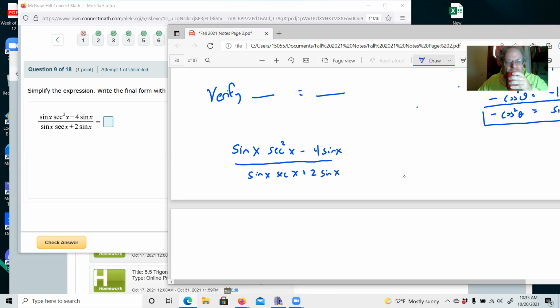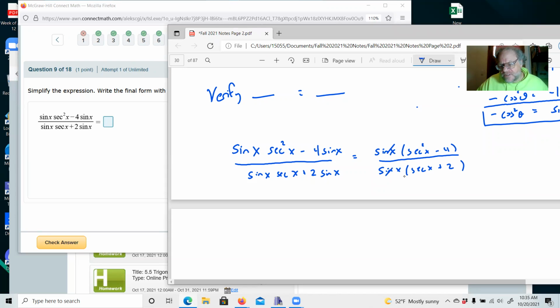Normally I just want to say no, but okay, let's see if we can do it. Well, I'm noticing that a sine is common to most about everything here. So what if I pull a sine x out of this, and we'll have our secant squared x. No guarantees that we're going in the right direction here, okay? And then we have a sine x, and we have a secant x plus 2.